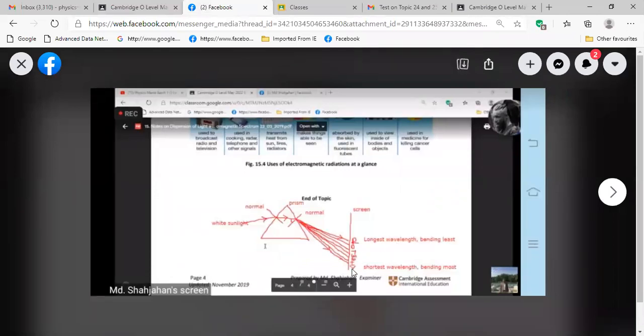VIBGYOR: violet, indigo, blue, green, yellow, orange, red. Can you say the colors?